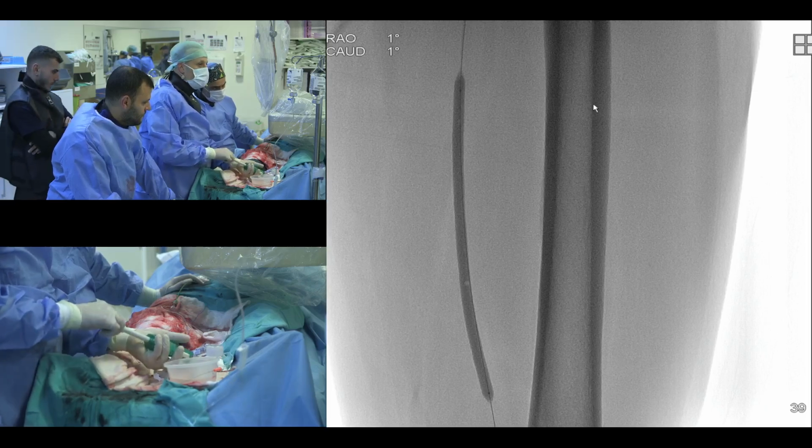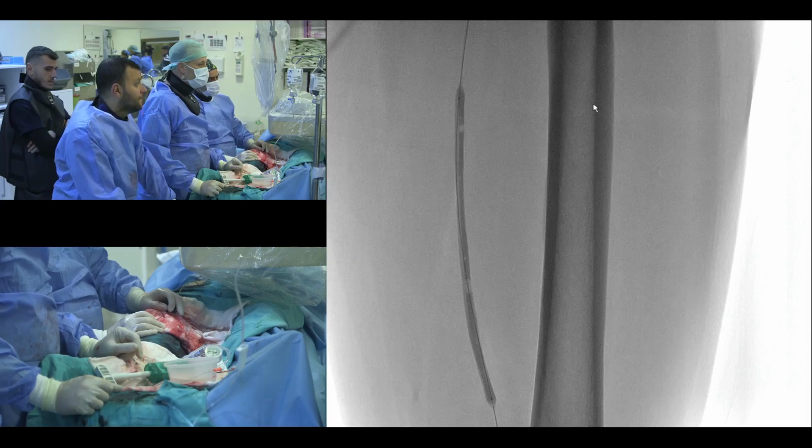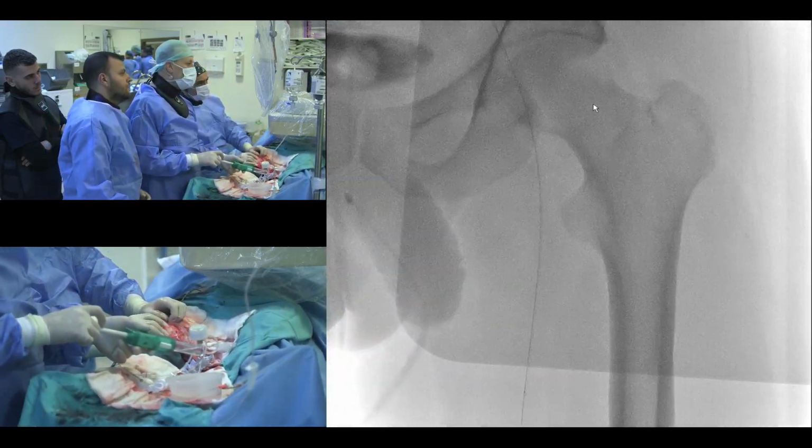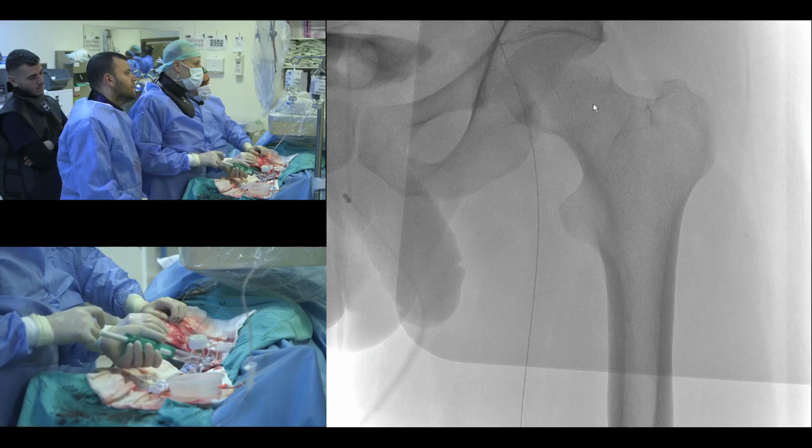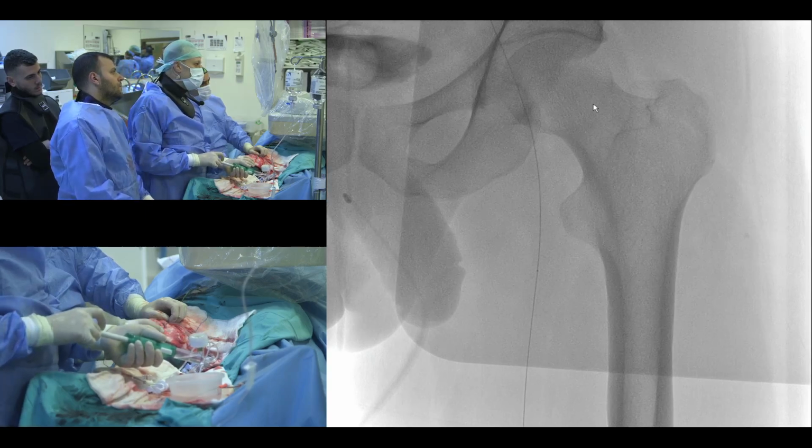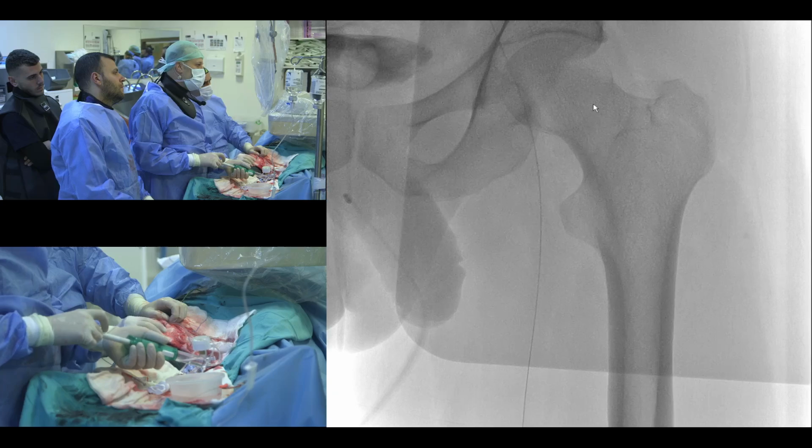I don't know. Now I will try a hydrophilic wire, whether it will cross distally or not. I have an MG now. I will try to cross that distally, if you don't have any objection.